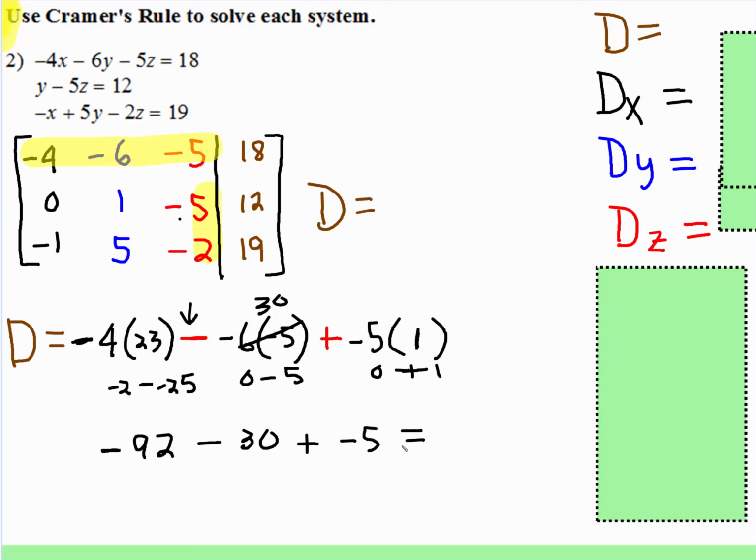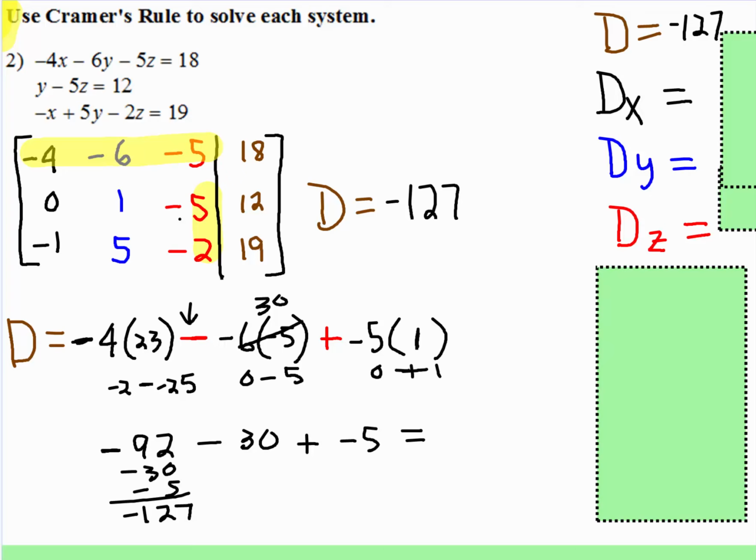So when you add all of those things together, that adds to -127. That's the D determinant. Okay, unless you caught me in an error someplace, and that's possible.